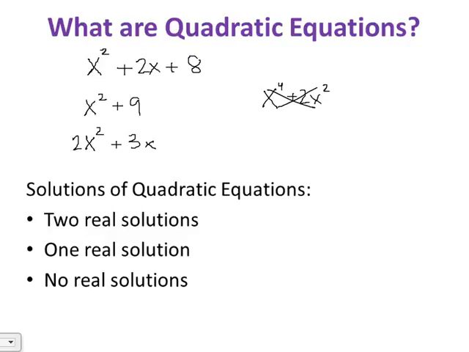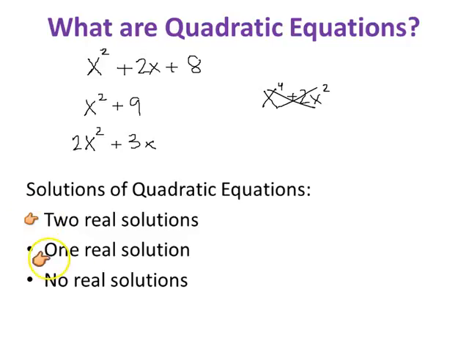So, solutions. We've been looking at how we can solve quadratic equations. But now let's talk about the number of solutions that we can have when we solve for quadratic equations. Sometimes we're going to solve a quadratic equation and find that there are 2 real number solutions, just like in the example we did to start, the warm-up question. When we solved that, we found that our answer was x equals -2 and x equals -4, I think.